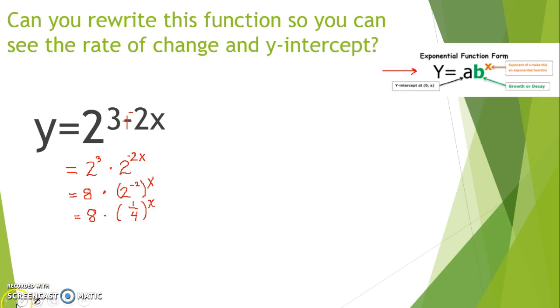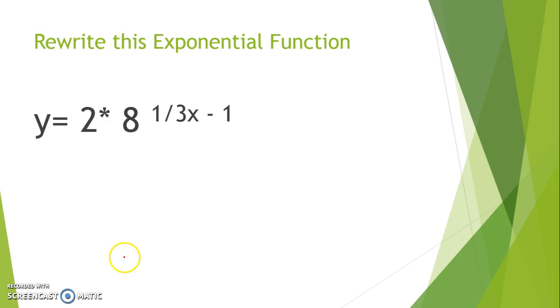Alright, so let's look at another example here, a little bit harder one. We have y equals 2 times 8 to the 1/3 x minus 1. Alright, well, we can write this as 2 times, remember we can change this to plus a negative.